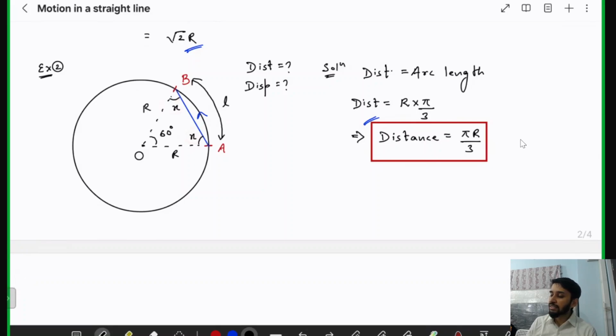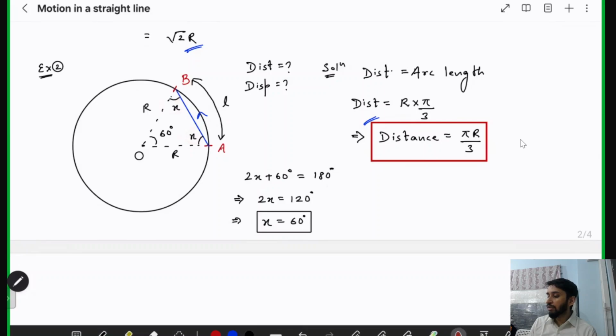So here x plus x, that is 2x, plus 60 degrees will be equal to 180 degrees. So 2x is 180 degrees minus 60 degrees, that is 120 degrees, and that gives us x as 120 by 2, that is 60 degrees. So x here will be 60 degrees.